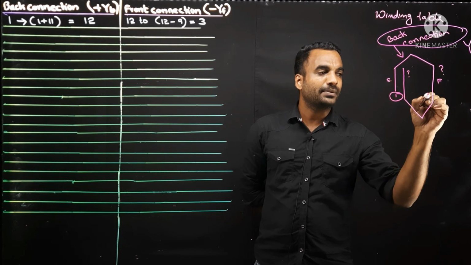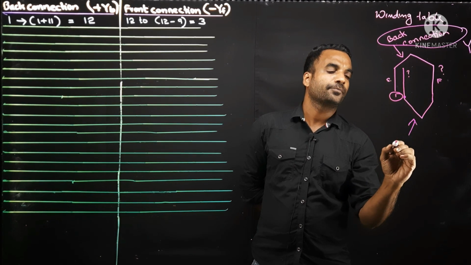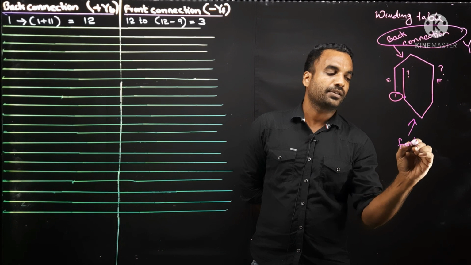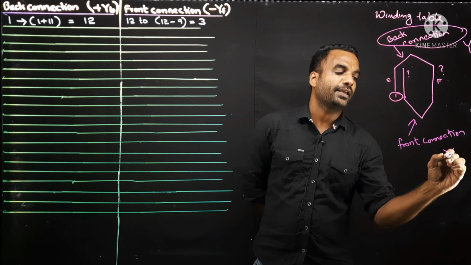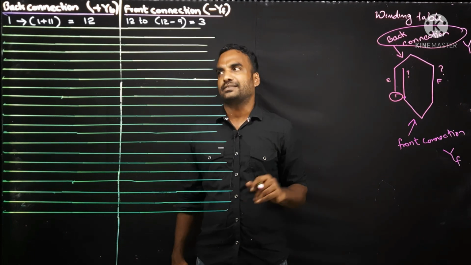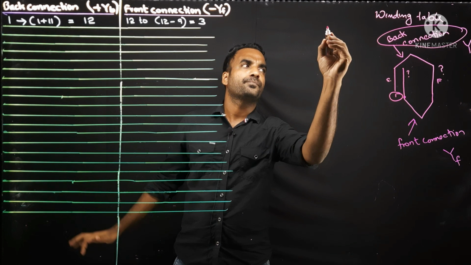For connecting from this conductor to the new coil conductor we need the front connection data, that is nothing but YF. That is the concept.